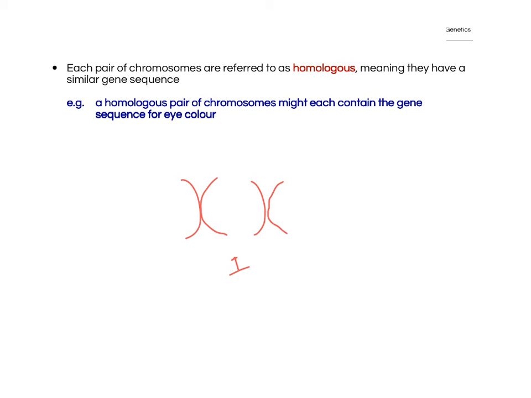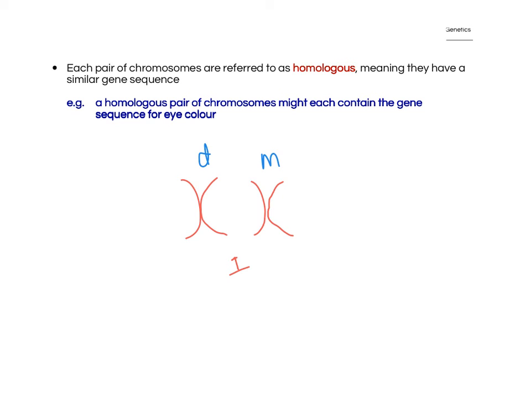Perhaps, and there's a way of looking this up, this is just strictly an example. I would have one chromosome from your dad and one from your mom. But regardless of whether it's from your mom or your dad, and regardless of whether the information on each of these is the same, you would still find the same kind of information for a particular trait on homologous chromosomes.